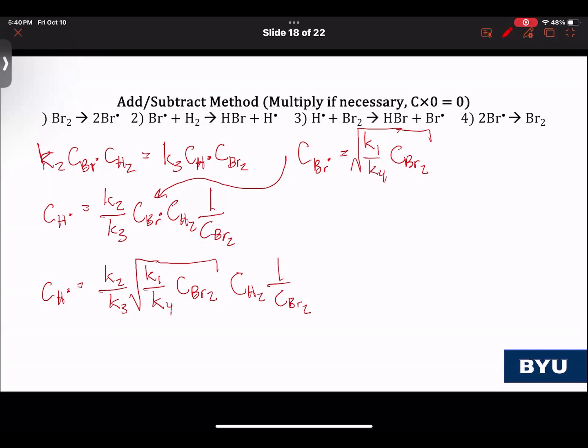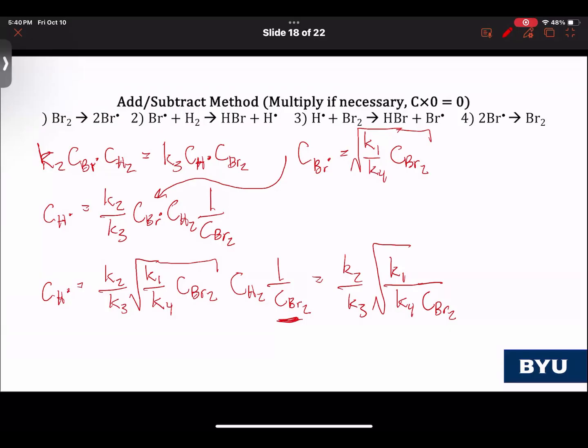All right, so we can simplify this a little bit further. K2 over K3 square root of K1 over K4, and we'll put the C bromine down here because we have this over here.